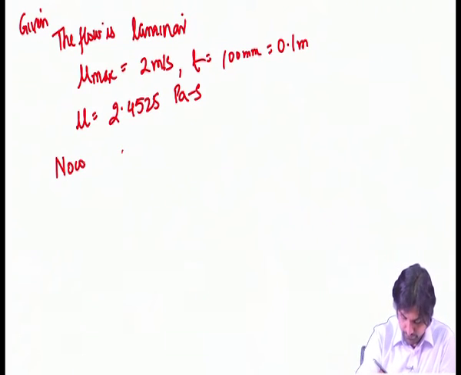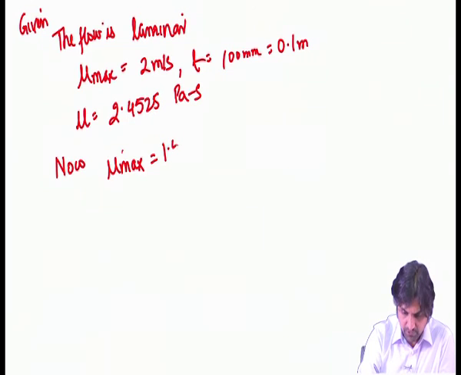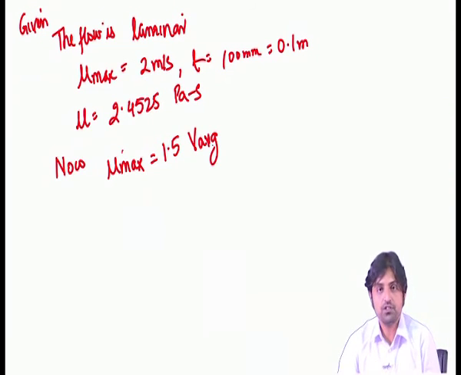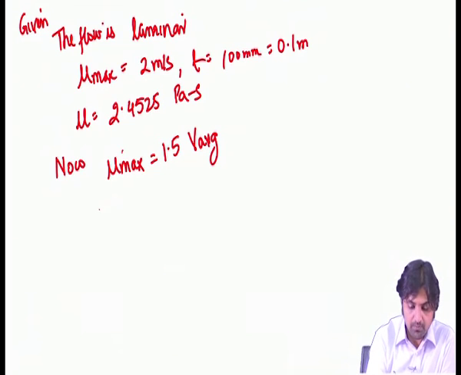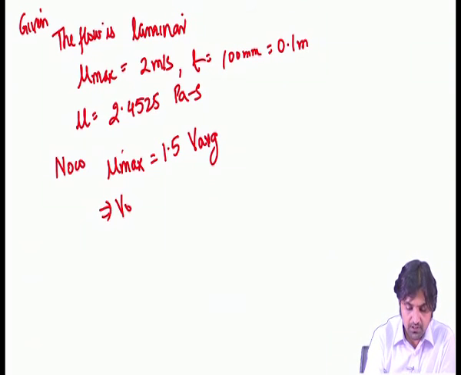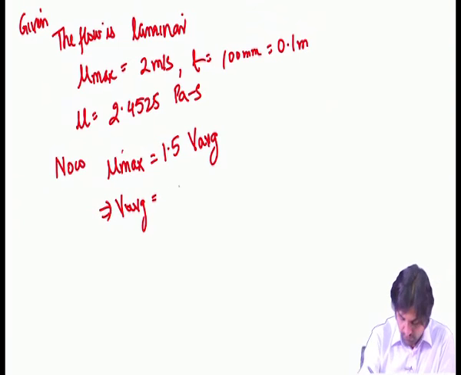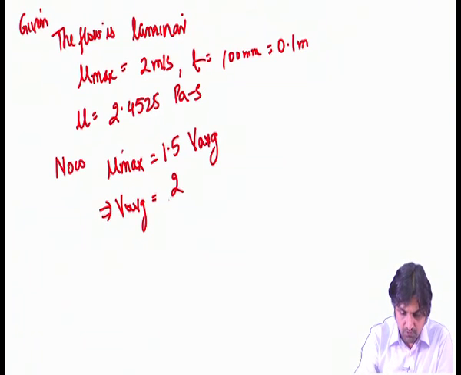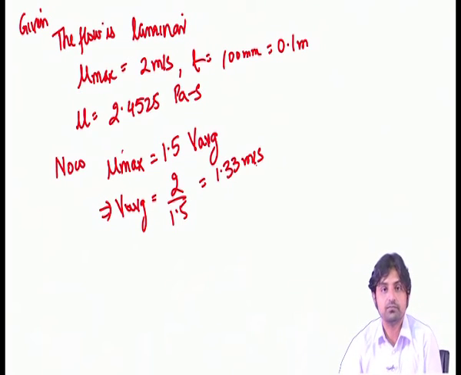Now U max is 1.5 V average. This is which we have found out, which implies V average is going to be 2 divided by 1.5, that is 1.33 meters per second.